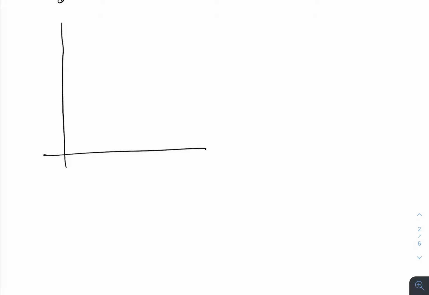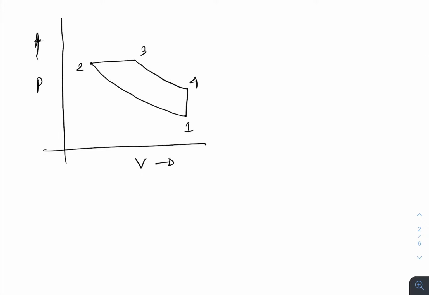So the PV diagram of that ideal diesel cycle is going to look like this. This is P and this is V, right? So in the PV diagram, it's basically from 1 to 2, compression, and then here, and then, so this is 1, 2, 3, 4, right?